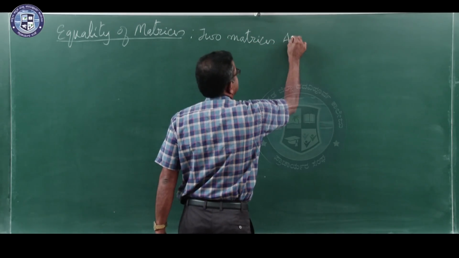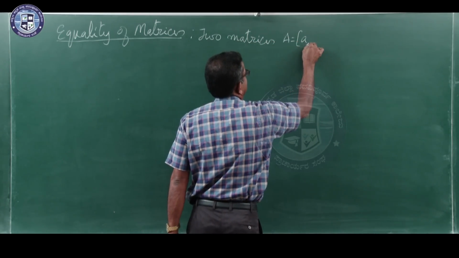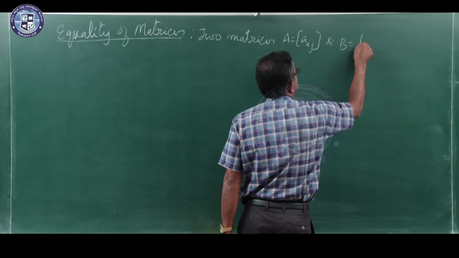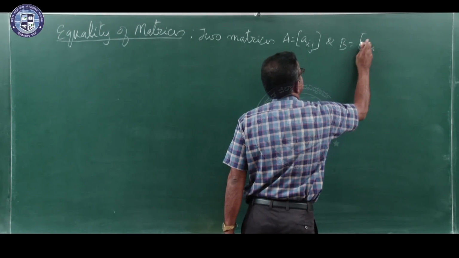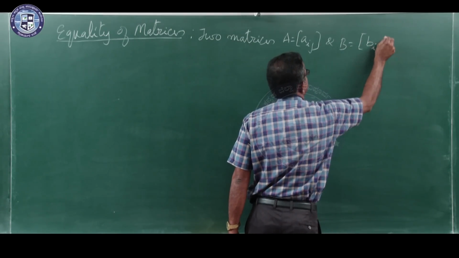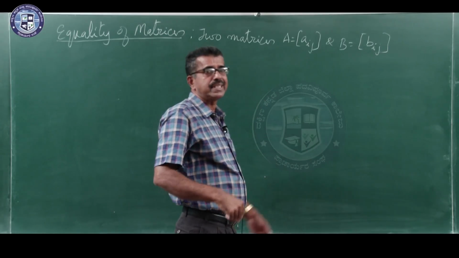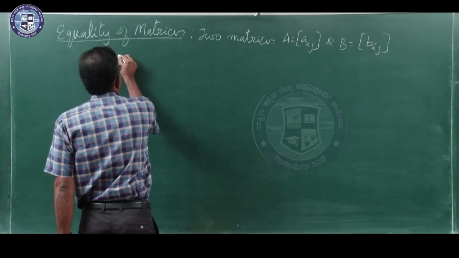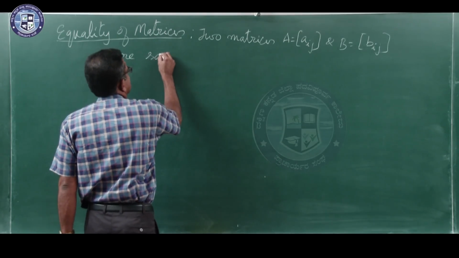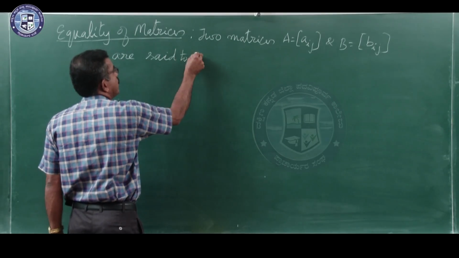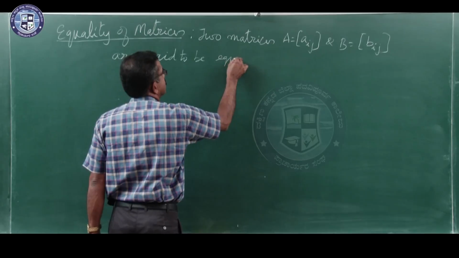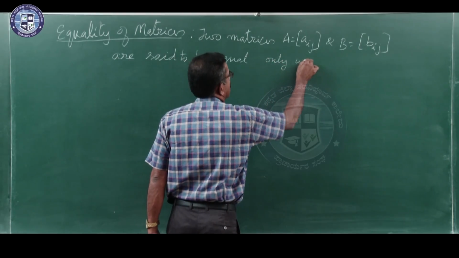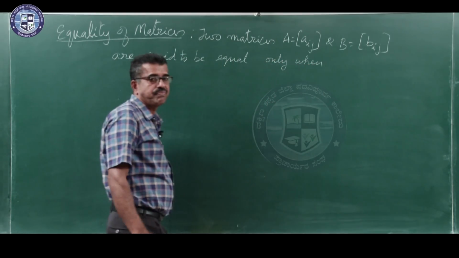let me name one matrix capital A, Aij, and another matrix capital B, Bij. Two matrices A and B are said to be equal only when two conditions are satisfied.